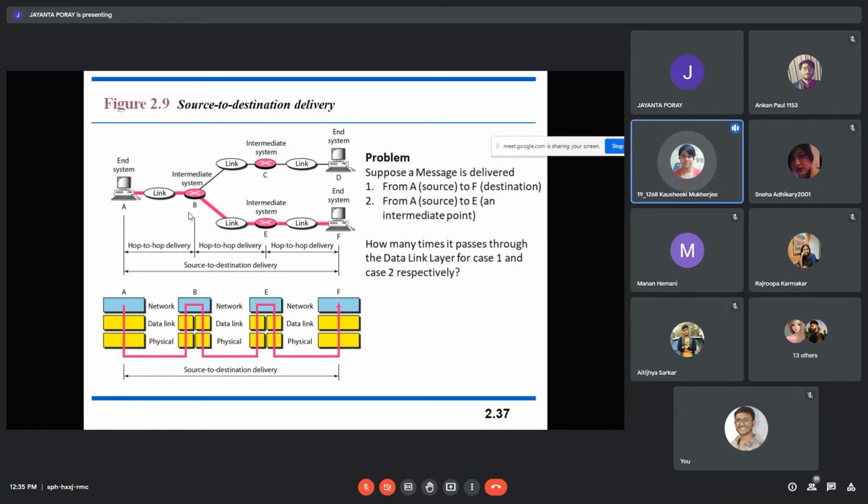So I'm already thinking. Okay. For case two it is 3, and for the second one it is 2. For case one, what is the answer from A to F? Sir, it is 3, means 3 times.